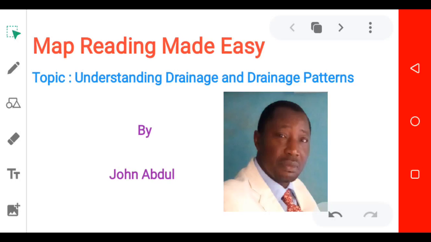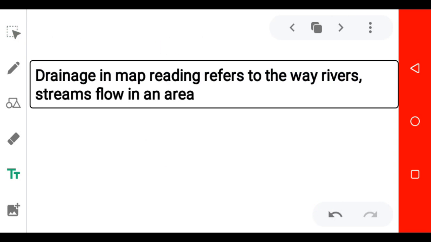In our topic today, we are going to look at drainage and drainage patterns. Understanding drainage and drainage patterns. What do we mean by drainage?